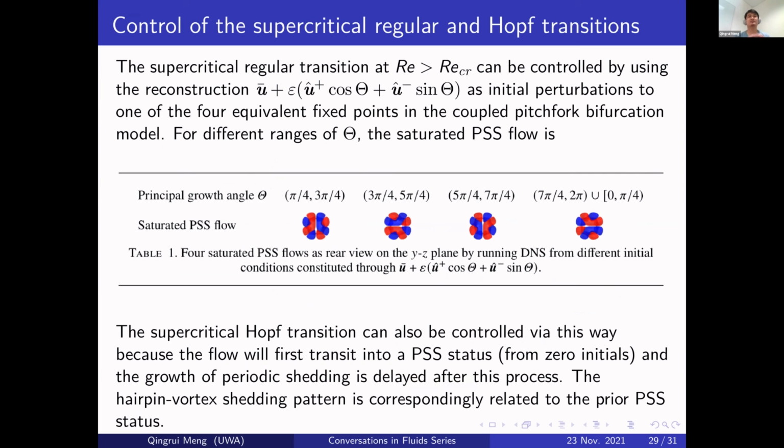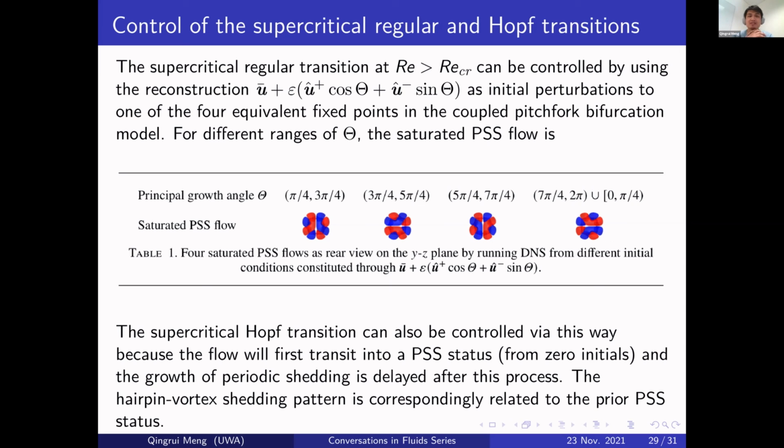So with the knowledge of the effects of the non-linearity, we can give the control of the supercritical regular transition. When the Reynolds number is above the critical value, we can use this reconstruction as initial perturbations to run the DNS.